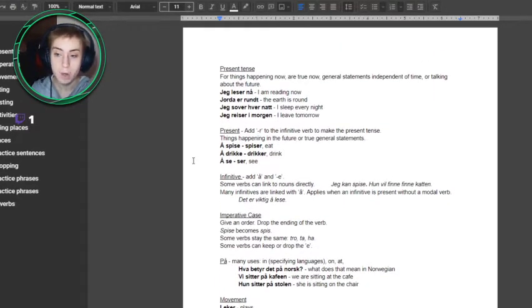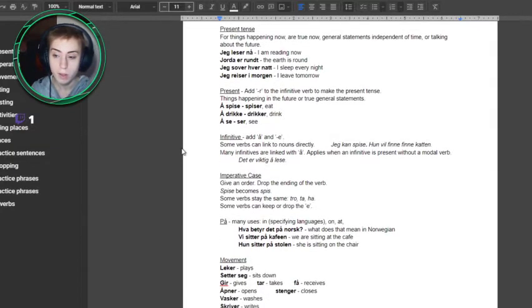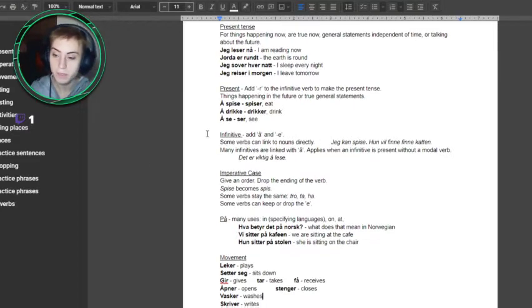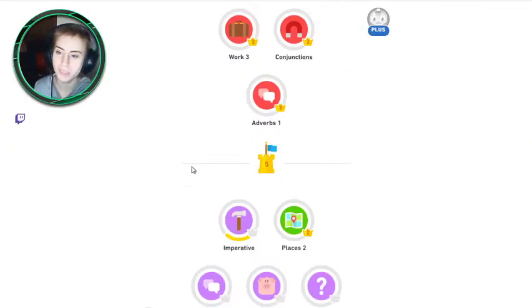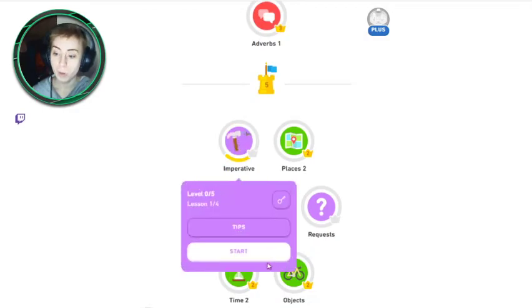Present tense, drop the Å, add ER. Infinitive case, add Å or E. Jeg kan spise. A little bit much to learn, so I definitely want to do a whole lesson just committed to learning those tenses. But we're going to start off with the imperative.